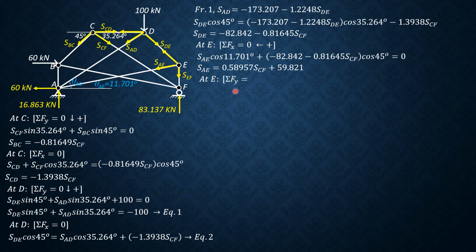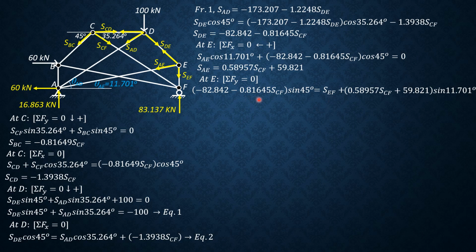Summation forces Y at E equals 0. Then we have SDE, which is quantity negative 82.842 minus 0.81645 SCF sine of 45 equals SEF plus SAE, which is quantity 0.58957 SCF plus 59.821 sine of 11.701. So SEF can be expressed in terms of SCF.